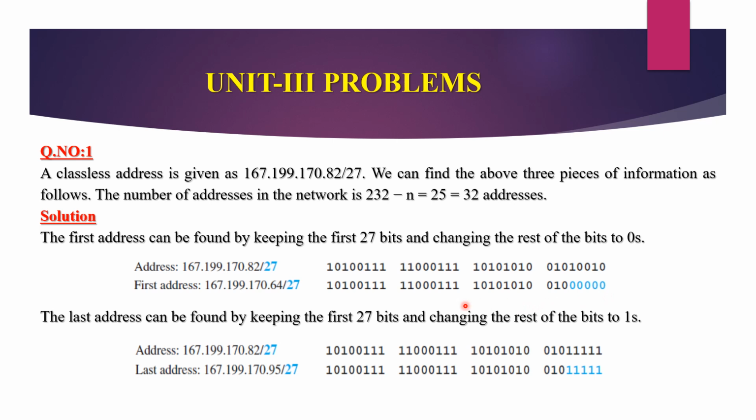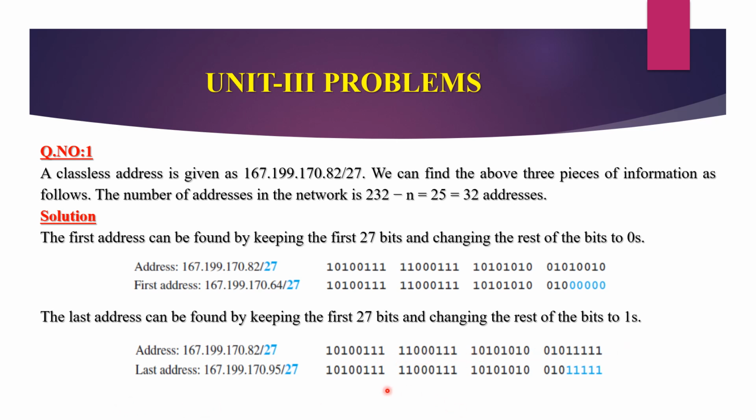So this is the first address of the given classless address. The last address can be found by keeping the first 27 bits and changing the rest of the bits to ones. Similarly, the address given is 167.199.170.82/27, and this is the binary equivalent of all the bits: 167, 199, 170, 82.